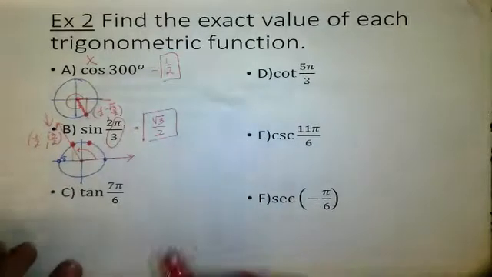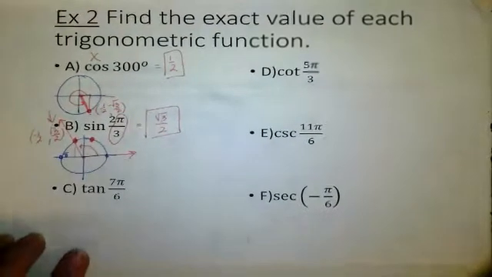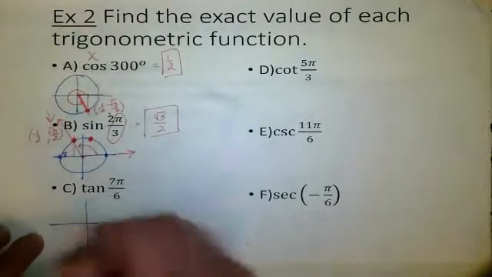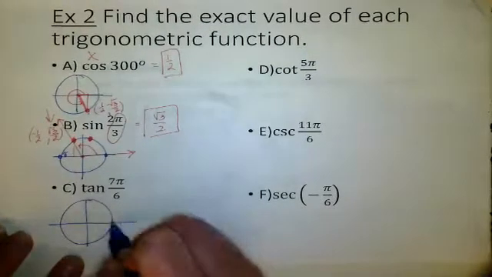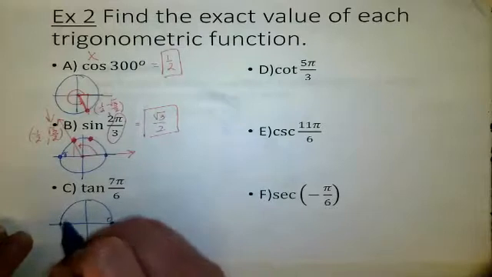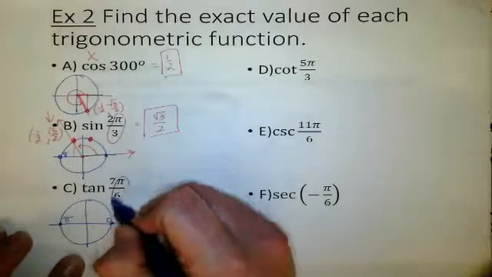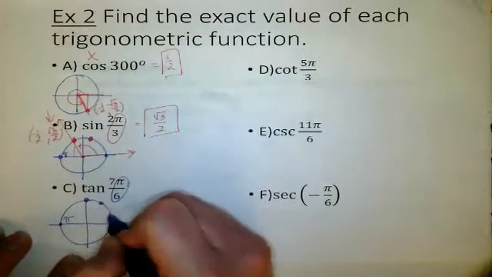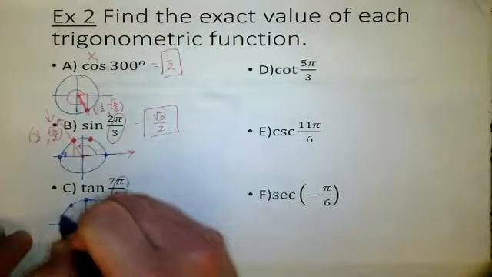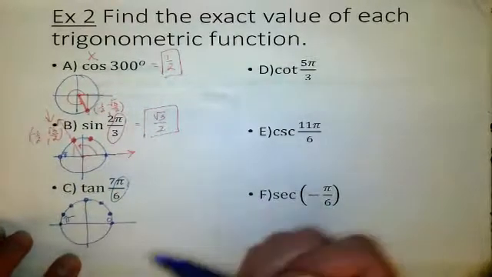All right, tangent at 7 pi over 6. Let's do it. So again, I'm going to draw the angle. Where's pi? What are we dividing pi into? 6. So there's 2. And I usually kind of exaggerate that a little bit.